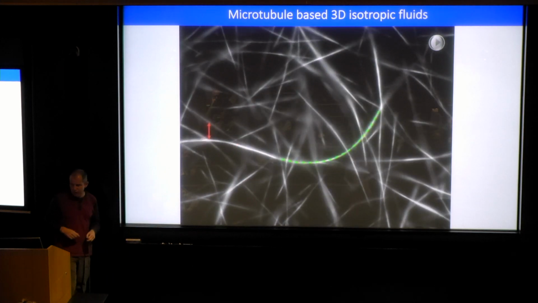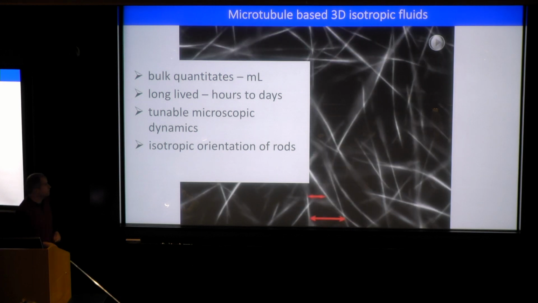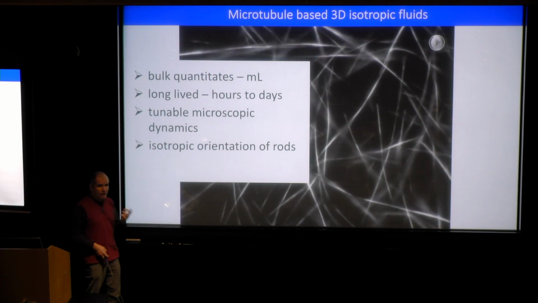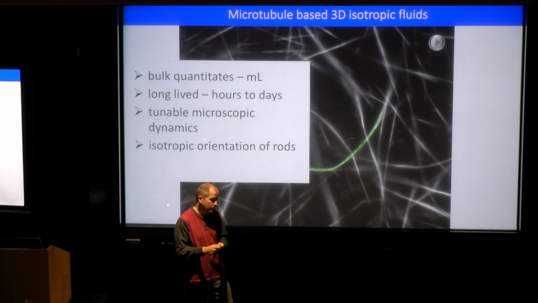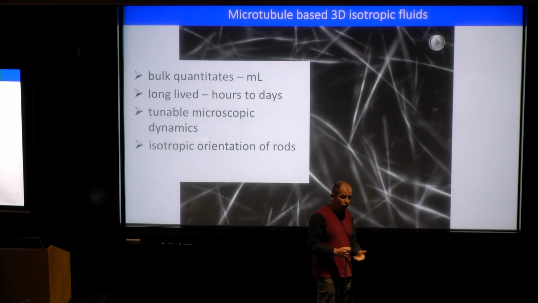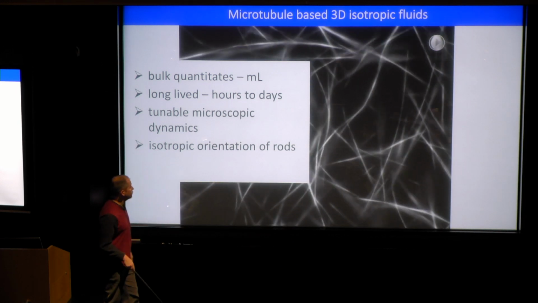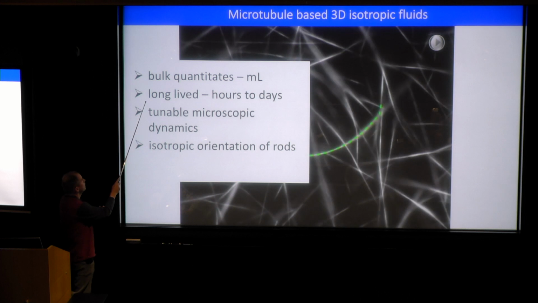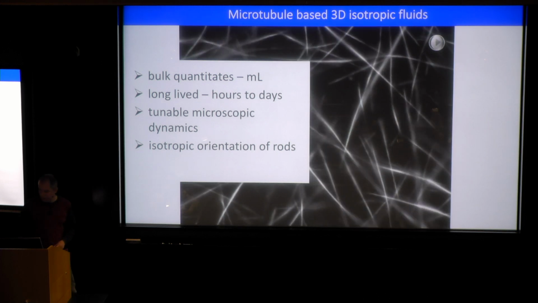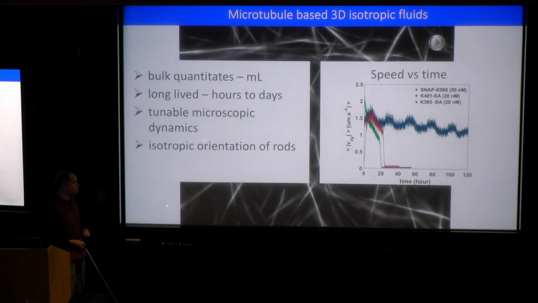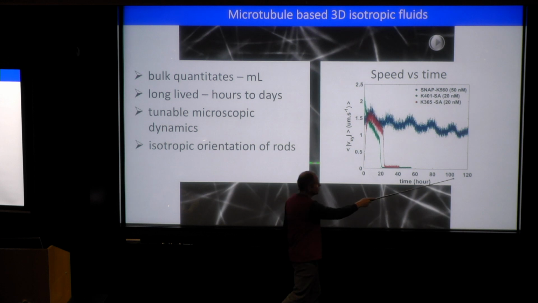What's nice about these materials is, first, they're made from the bottom up. So I have control. I can make these motors go slower or faster by changing ATP. I can change their concentration. So I have a lot of control over the microscopics. They're also very long-lived. You can go from hours, and recently we've been able to implement a new strategy in which the dynamics goes for 120 hours.